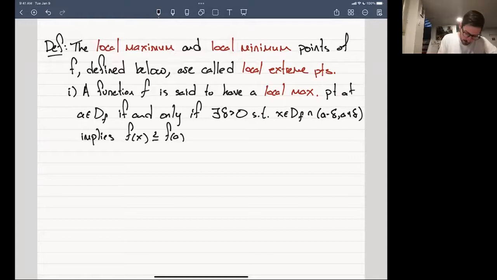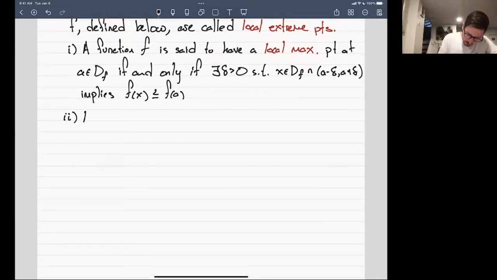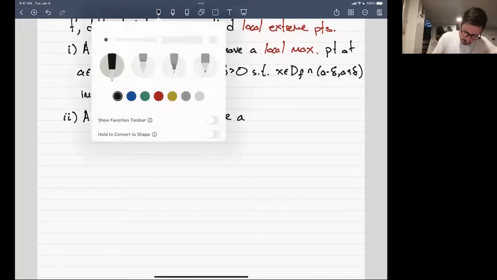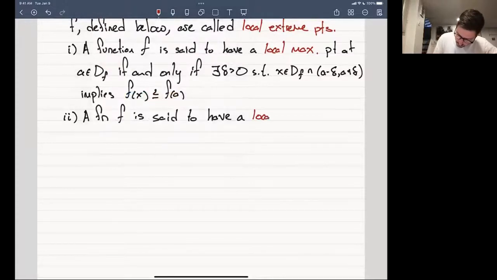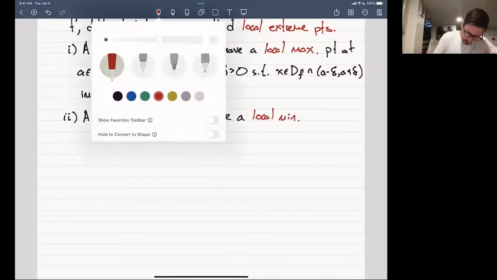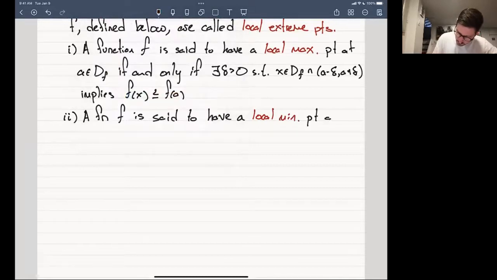Well, you can probably take a wild guess at figuring out what a local minimum is, right? So a function f is said to have, so it's more writing than thinking at this point, a local min point at, let's just use A again. It's easy, at A in the domain, if and only if there exists a delta.